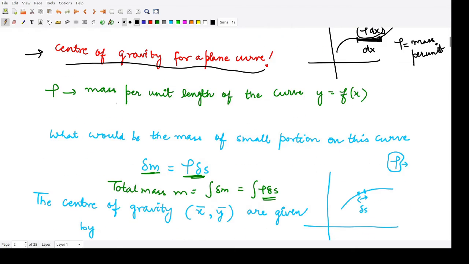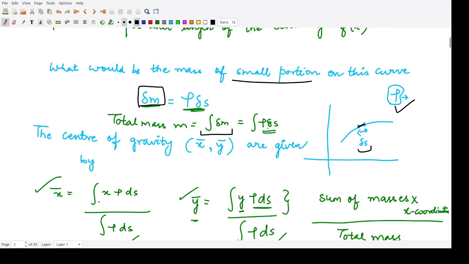So if rho represents the mass per unit length of the curve y equal to f of x, then the mass of the small portion, represented by delta m, is equivalent to the length of this portion, delta s, multiplied by the per unit length mass. The total mass would be the integration of this small mass. So the total mass of this curve would be the integration of rho ds.